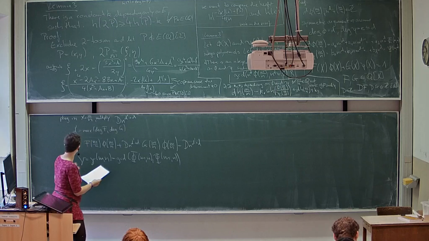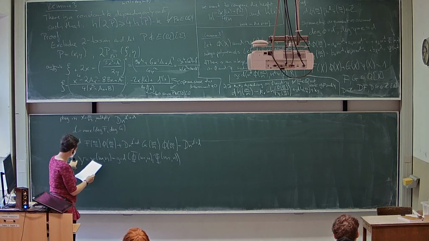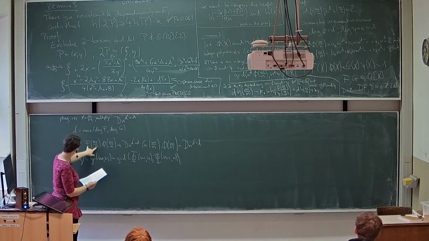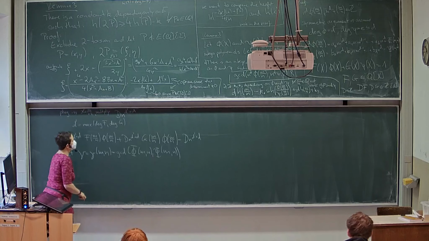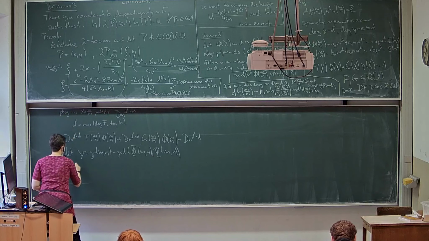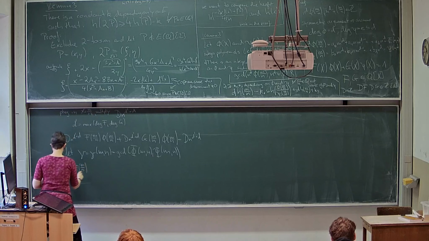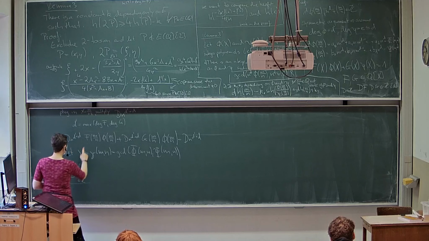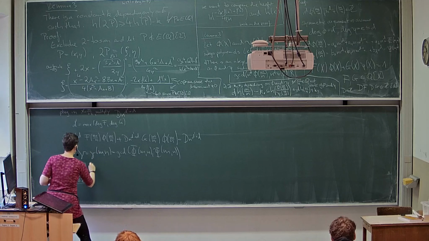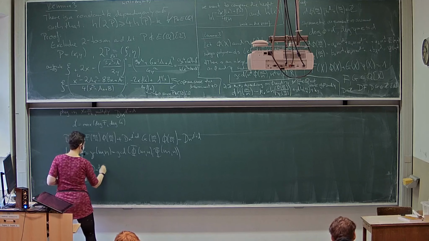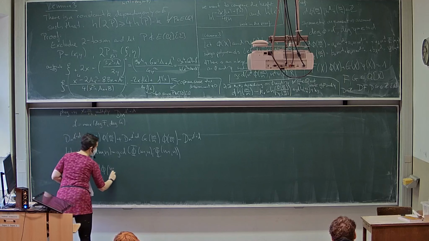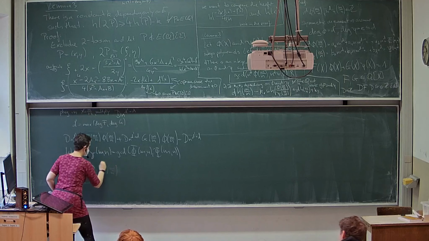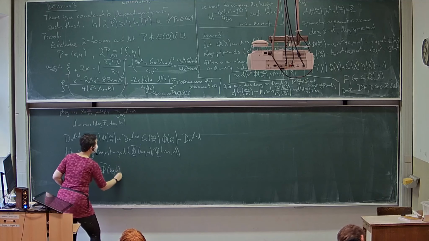And now, this n to the d prime times f of m over n, this is an integer. And then we have d n to the d psi of m over n, but this is exactly our capital phi.